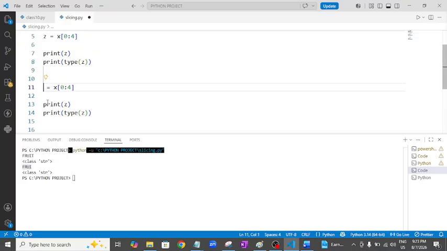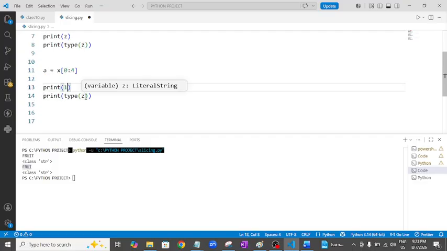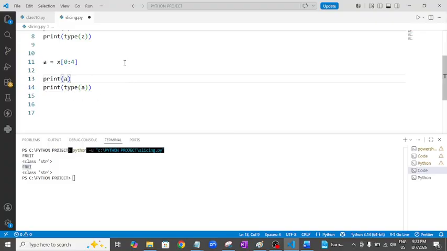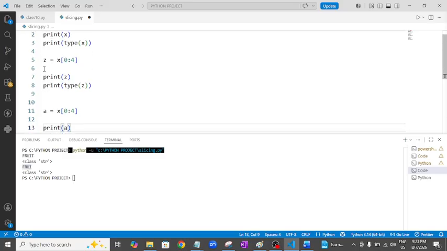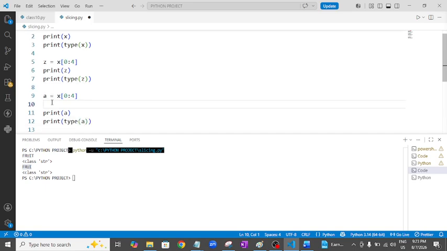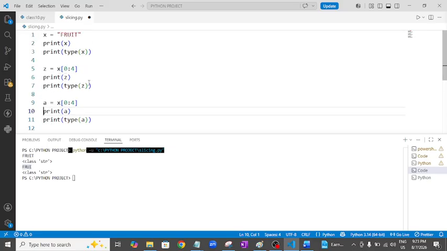If I say A, I want the first character. Sorry, I don't want the first character. I only want the RUI, nothing but the second, third, and fourth characters.